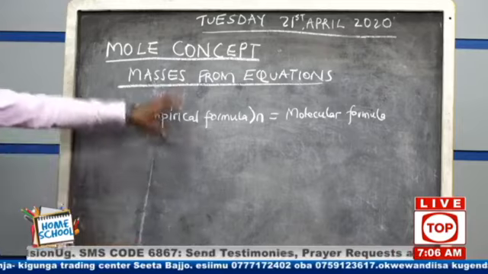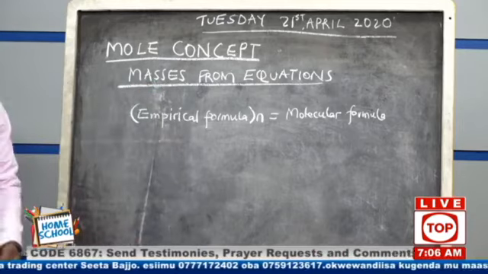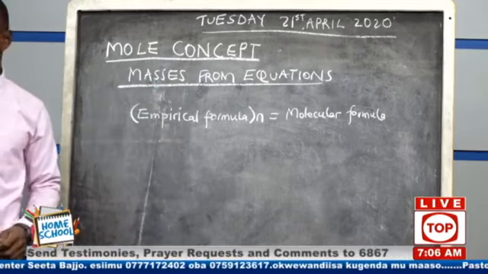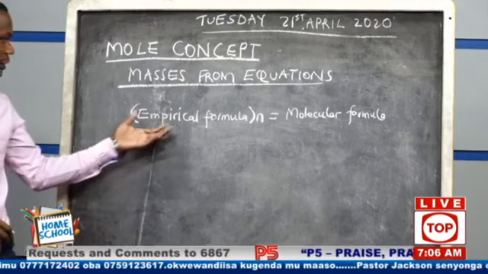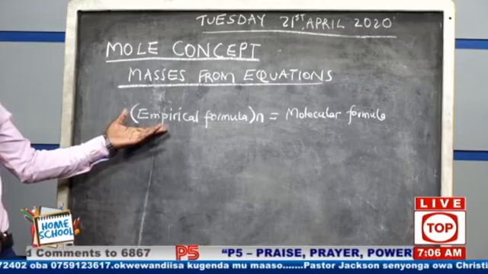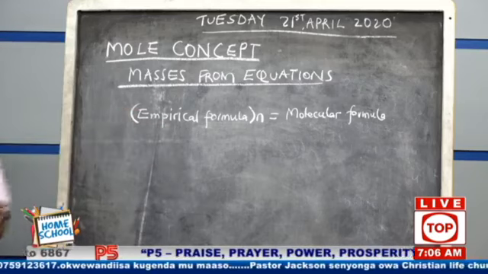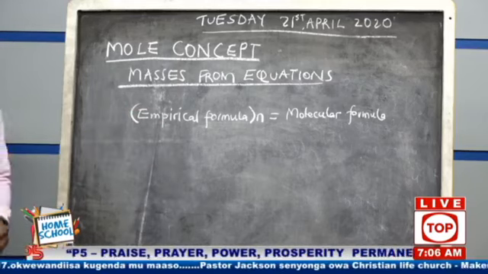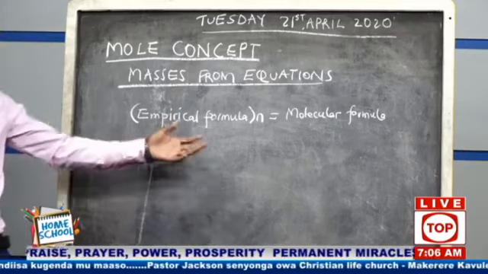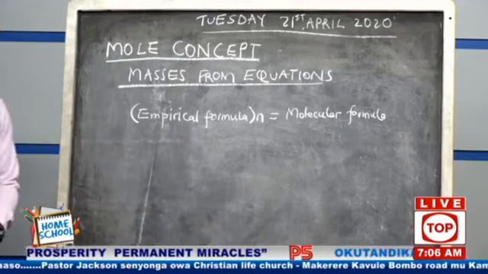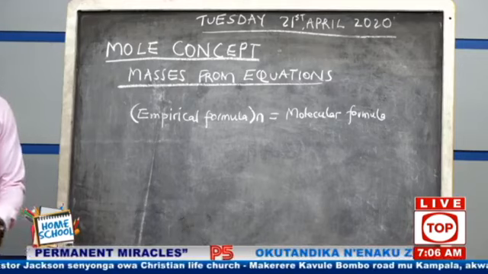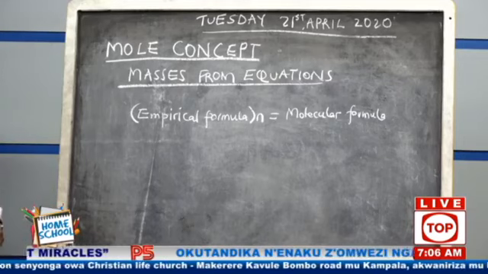And we said that once you get a wrong empirical formula, you'll not be able to get the correct molecular formula. So you should be keen enough to get the correct empirical formula so that you can also get the marks for the molecular formula. And we said for the molecular formula, in most cases they give you the molecular mass, or they give you the density. If they give you the density, you multiply times 2. If they give you the molecular mass, you consider that.